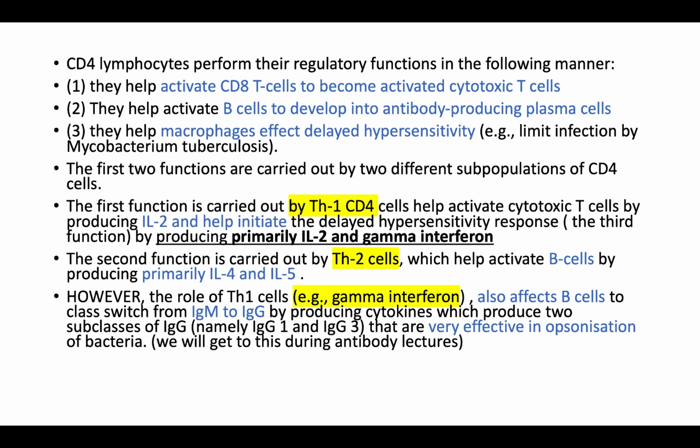And the role of th1 cells هو gamma interferon also affects B cells to class switch as well. فعشان هذا T-dependent response, it will help the B cells to switch from IgM to other antibodies, IgG and others, and we will see how that works later, that are very more effective in opsonizing bacteria and are more sometimes even more specific to their antigen.